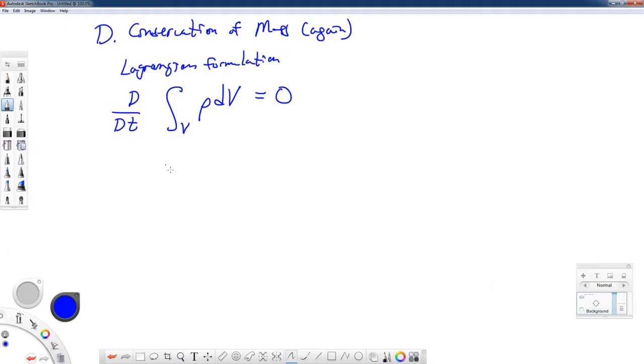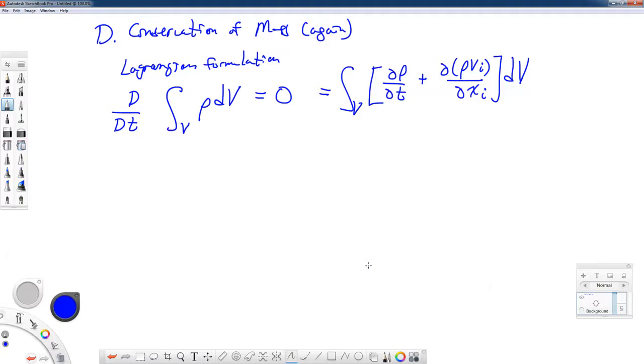Well, by the Reynolds Transport Theorem, we can rewrite this integral as an integral over the volume of the partial derivative of the density with respect to time plus the partial derivative of the density times the velocity. Now I'm using vi with respect to position coordinate xi. And that is also equal to 0.